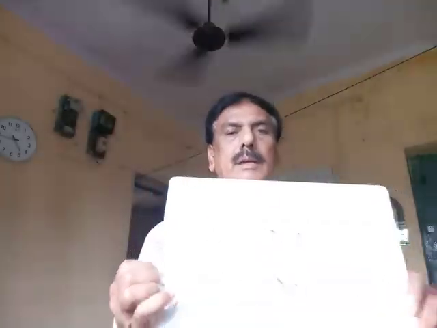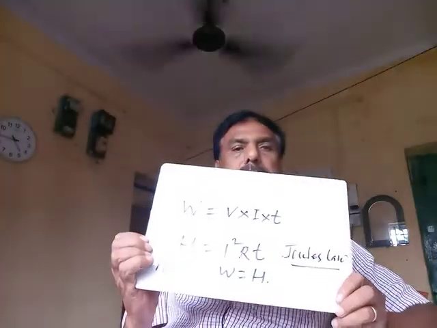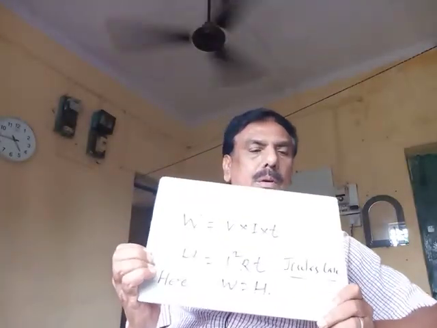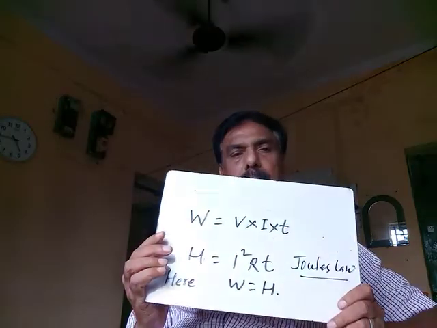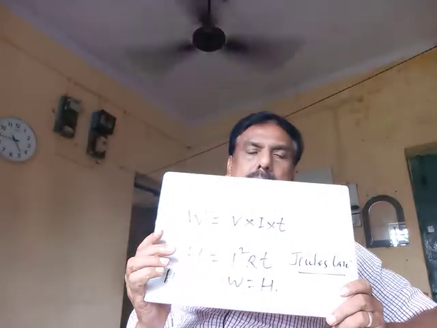And now next, the electrical energy dissipated in a resistor is given by VIT, V into I into T. What is V into I into T? Just I am showing you. Here you can see that W is equal to VIT. What is W? W is the work done.